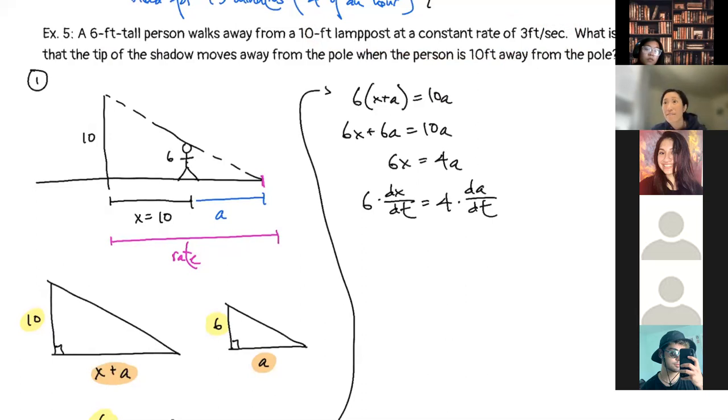All right. It is actually, in fact, not dA dt. Okay. If I could animate this guy or this lady, whoever this person is walking away from the lamppost, this distance is growing at 3 feet per second. Okay, so because of that, dx dt is 3, and dA dt is what we don't know yet.